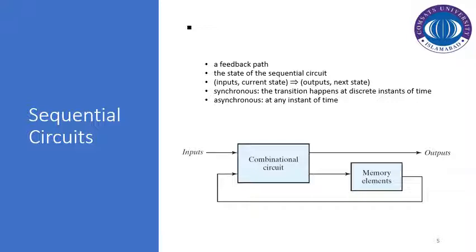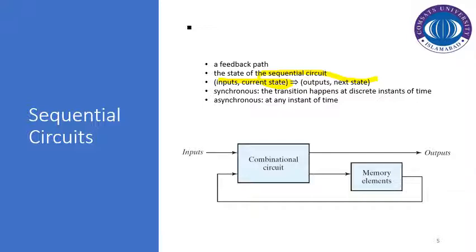The sequential circuits basically possess a feedback path in which the outputs are directly or indirectly fed back and can be processed as the input, and the output at any time instant is basically dependent upon the input and the current state. So we can say that the next output is generated with the help of input and what the current state of the circuit is. That is important in order to generate the next output.